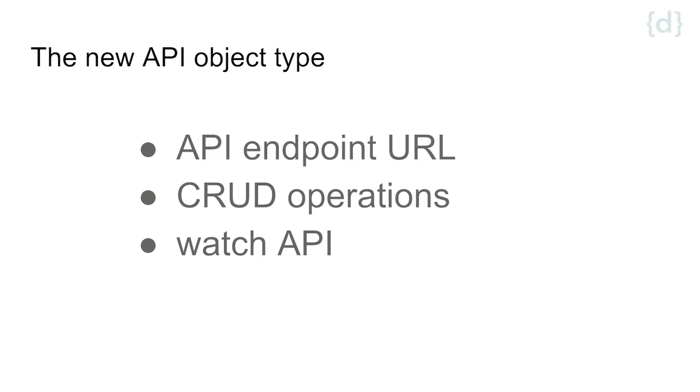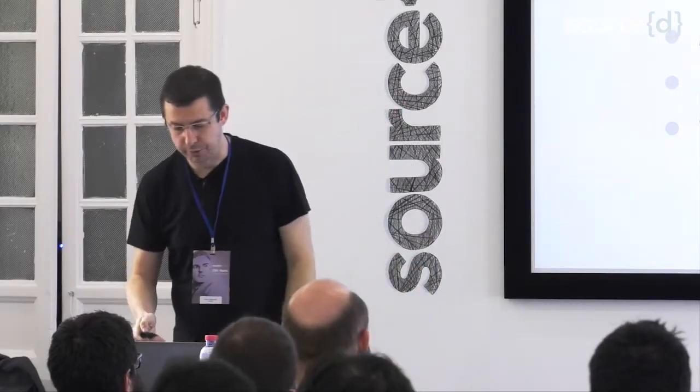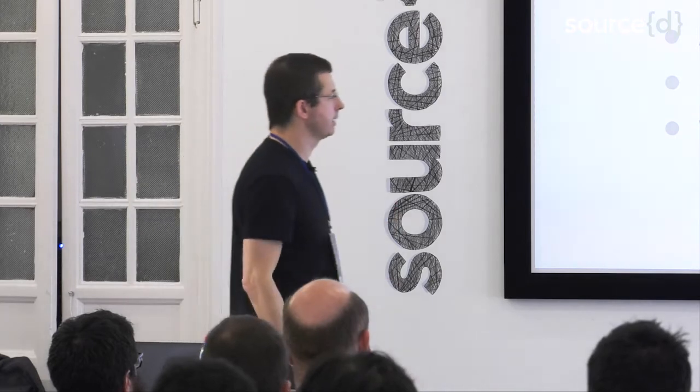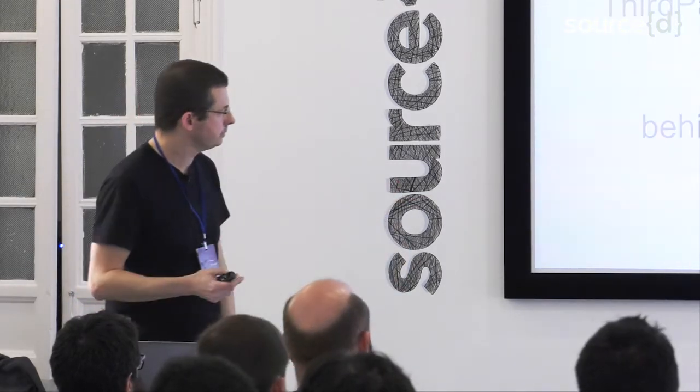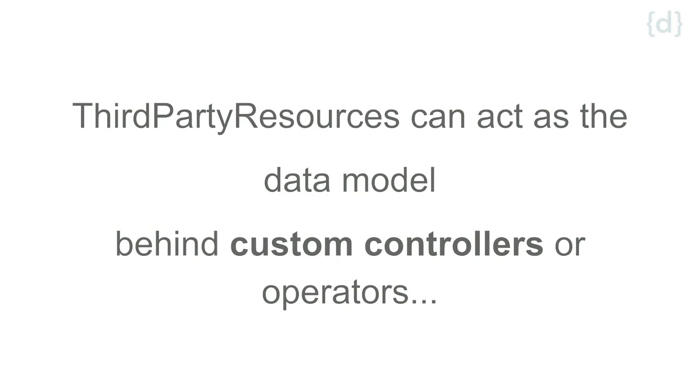We have events, which is very important because we all know, especially now with all these Lambda architectures, that events with composition allow us to build really flexible and resilient architectures. So you can understand the third-party resources as the data model of my controllers, right? The model view controller pattern that we have had forever, you can apply the same thing here.